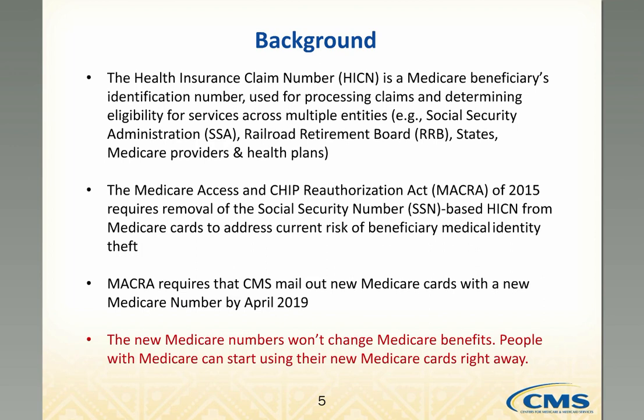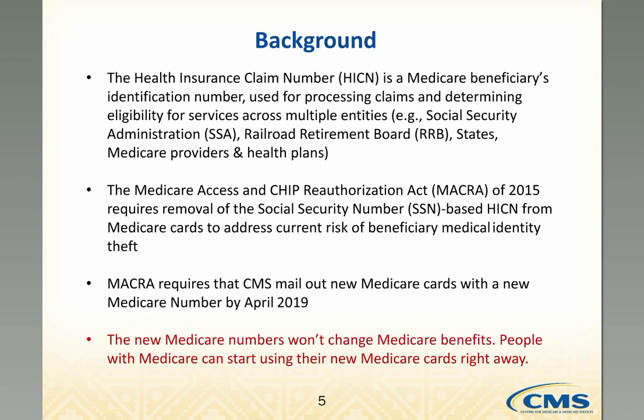Like the HICN, the Medicare beneficiary identifier is used for processing claims and determining eligibility. To ensure that people with Medicare continue to get care, healthcare providers and suppliers can use either the former Social Security-based HICN number or the new MBI for Medicare transactions through December 31st, 2019.